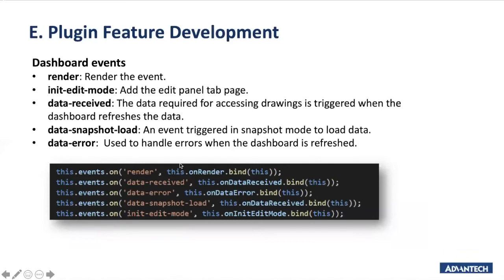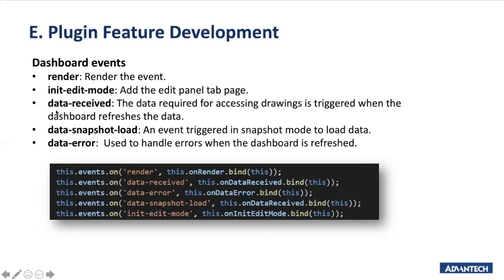And here are the events. When you change something, it's gonna invoke the render event, and it's gonna call the onRender function, and it's basically running the render.js component behind the scene. And it also has the init edit mode event when you add the edit panel tab page.